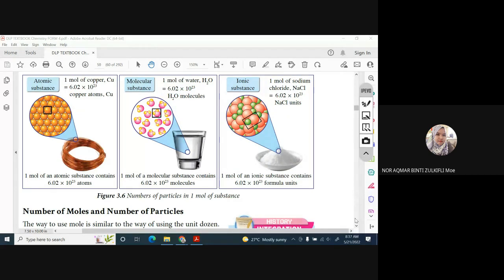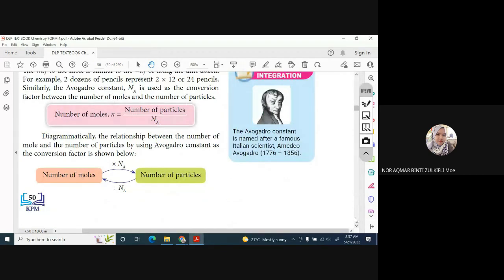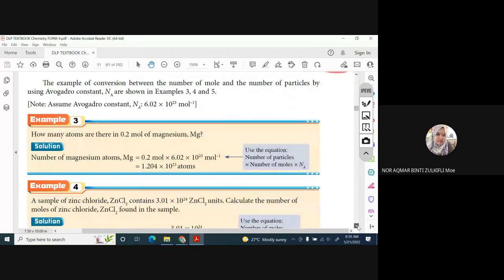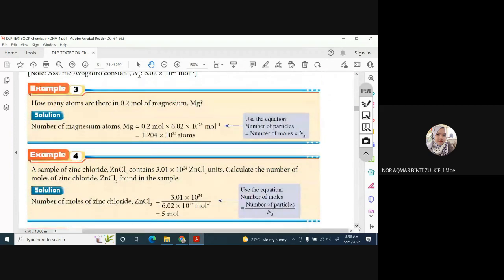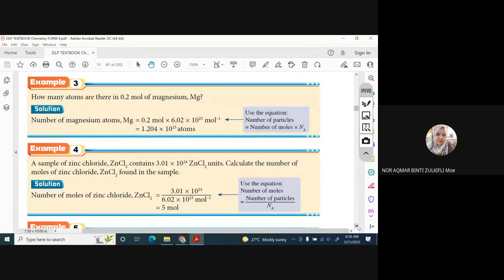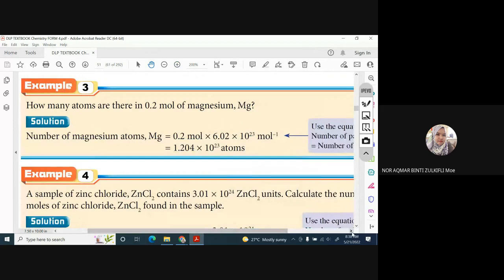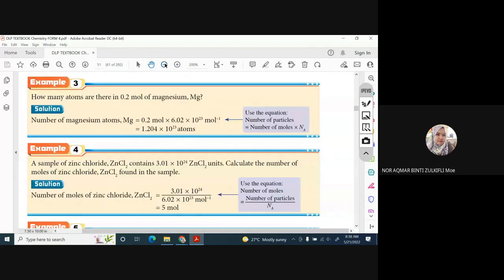Okay, let's look at the calculations, which are important. Here: how many atoms are there in 0.2 mole of magnesium, Mg?